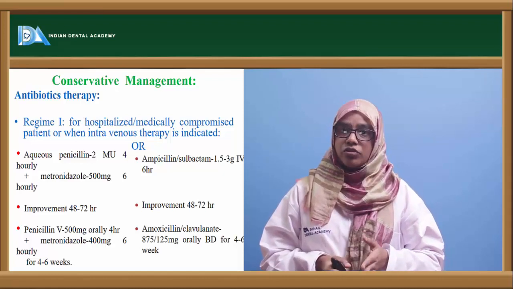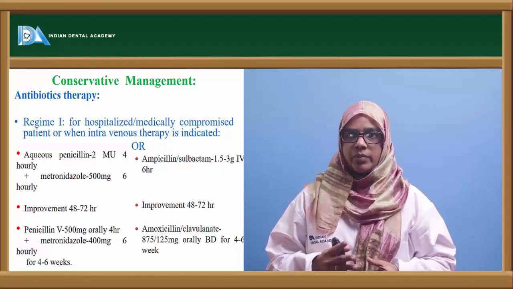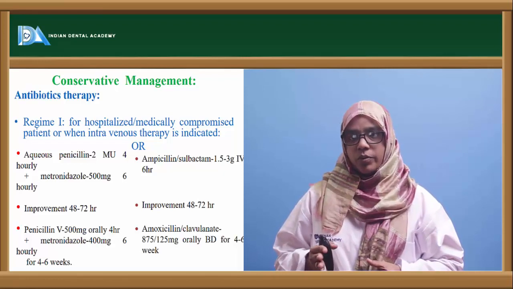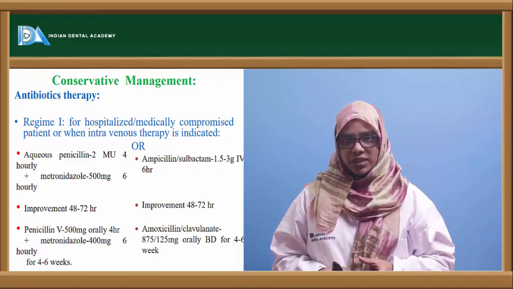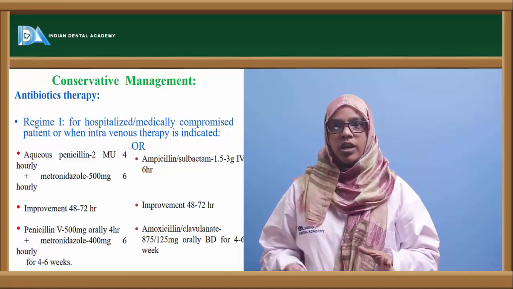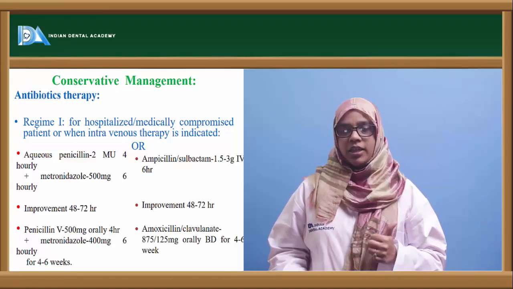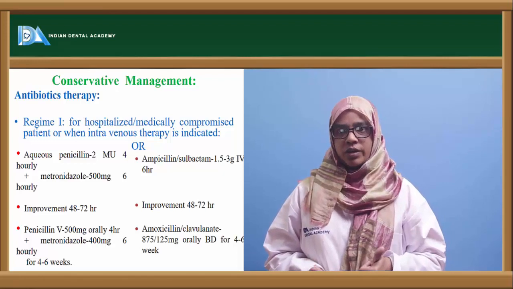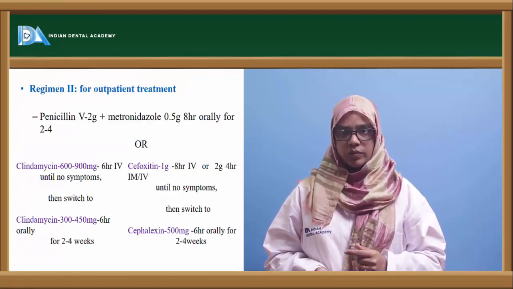Okay, now if the patient is allergic to penicillin, you will give ampicillin plus sulbactam 1.5 to 3 grams IV 6 hourly. If the condition improves after 48 to 72 hours, then shift to oral amoxicillin plus clavulanate, that is 875 to 125 milligram 2 times a day for 4 to 6 weeks.